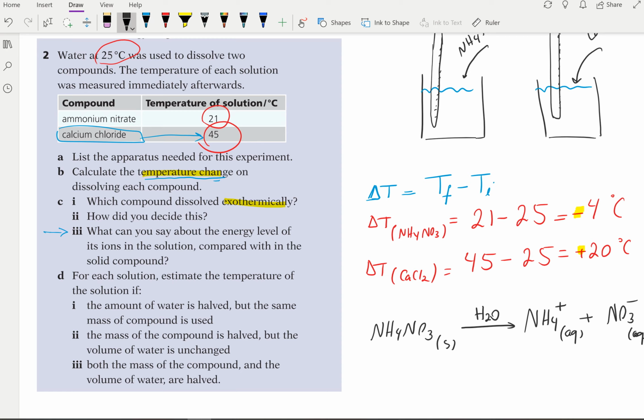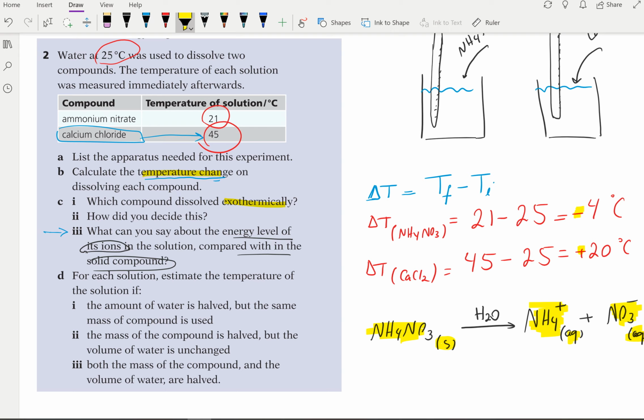So here it asks, what can you say about the energy level of its ions in the solution compared with the solid compound? So the energy level of the ions inside the solution, aqueous, compared to the ions inside the solid compound.